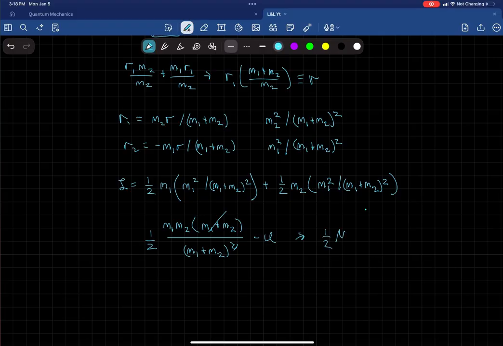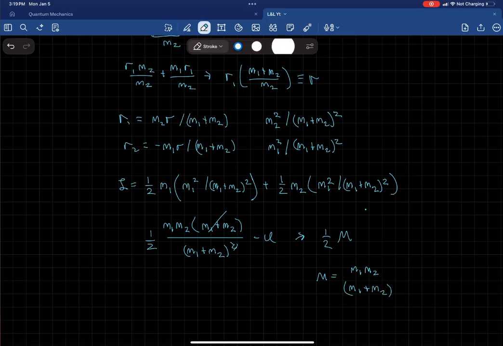I'm going to label it as capital M, my reduced mass, which would just be M equals m1 m2 over m1 plus m2, which would give me my new Lagrangian. And this is what we call the reduced mass.